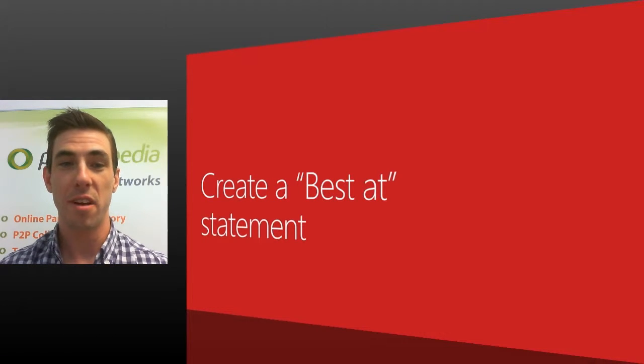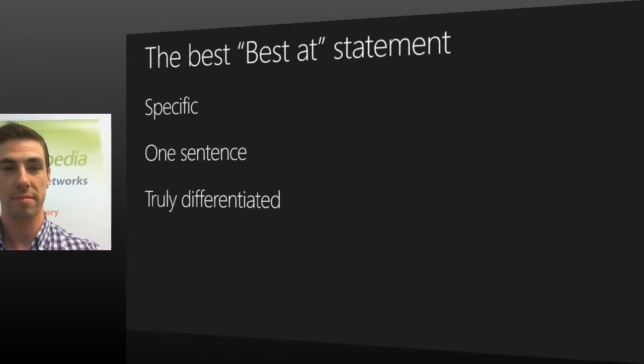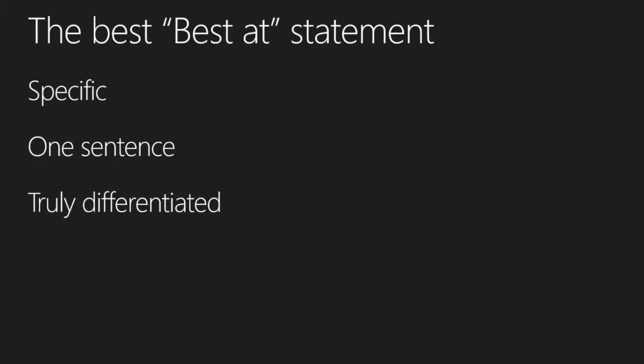So let's start off by creating a best at statement. Here's a couple guidelines that will help you through. First of all, within a best at statement, you really want to be specific. You want it to have one sentence, and you want it to be truly differentiated.